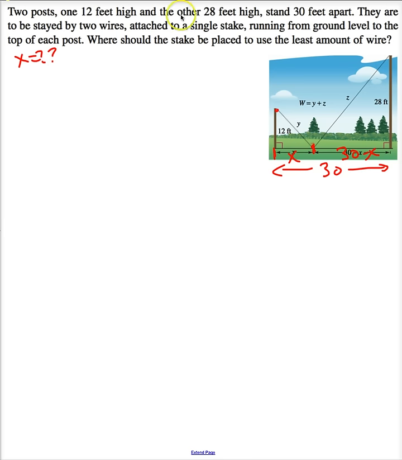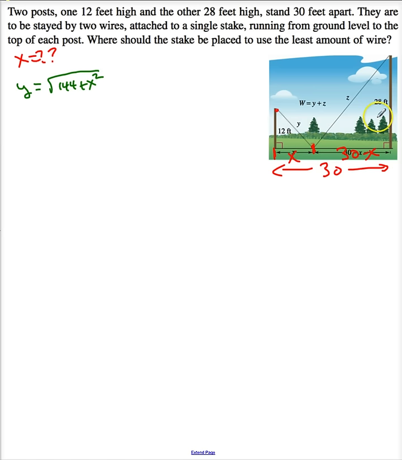Let's look at what equations we have. For the 12-foot post, I can see that I have an equation, y equals the distance from the top of the post to the stake, and that's the square root of 144 plus x squared.